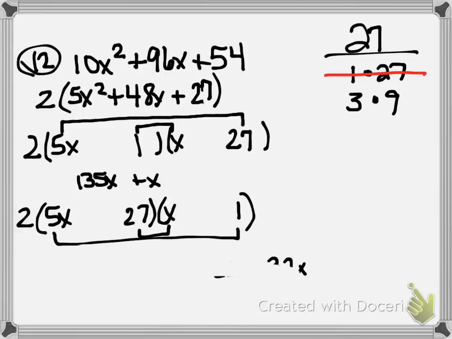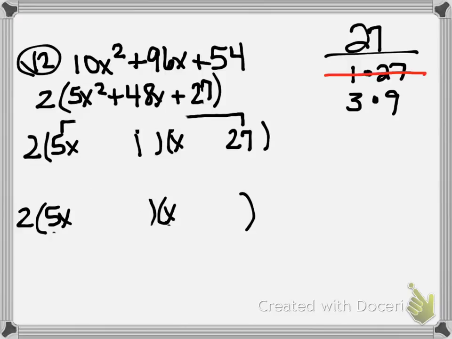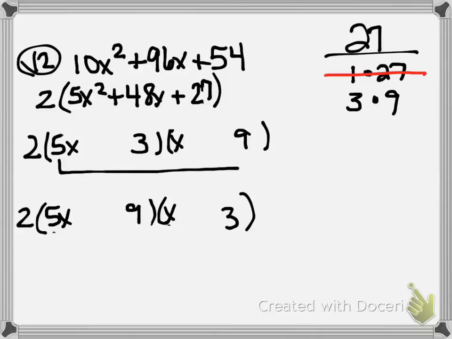So now let's try the 3 and the 9. And there is no trick here. This is exactly how you factor these. Hopefully, you recognize something and the answer comes to you more quickly. But if not, we're forced to do trial and error. So 5 times 9 is 45x, and 3 times x is 3x.